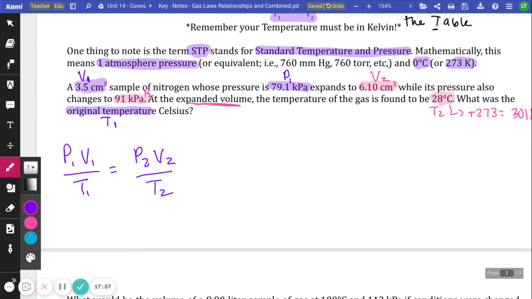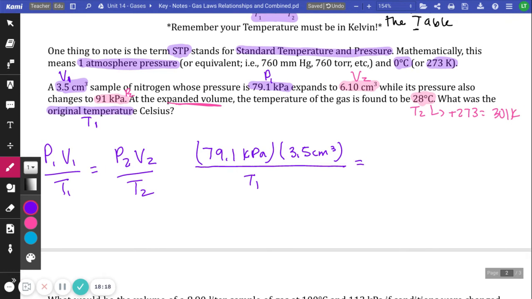So I have 79.1 kilopascals times V1, which is 3.5 centimeters cubed, all over T1, which is our unknown, is equal to P2, which is 91 kilopascals, times V2, 6.10 centimeters cubed, all over T2, which is 301 Kelvin.